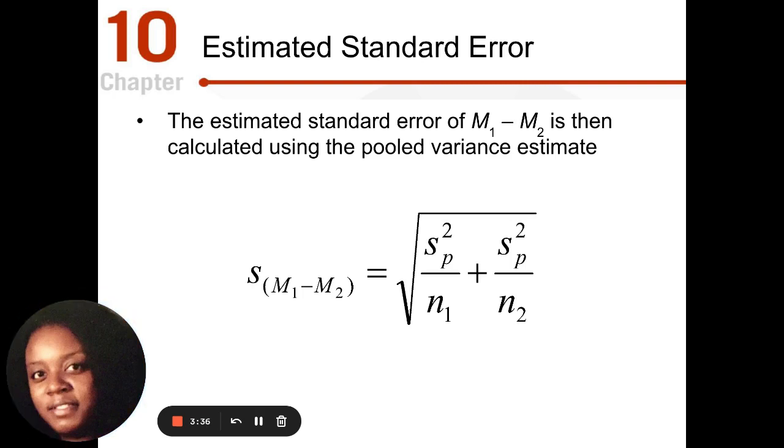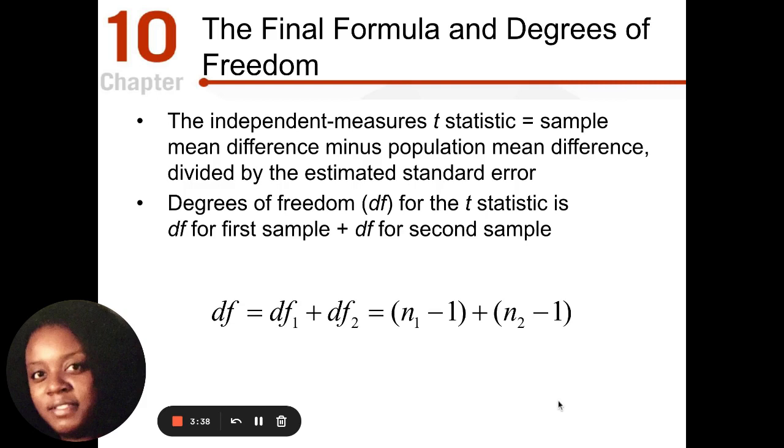And there's that formula. And then the final formula, and degrees of freedom, is the independent measures t statistic, which is the sample mean difference minus the population mean difference divided by the estimated standard error. And the degrees of freedom for the t statistic is measured as df for the first sample and df for the second sample.